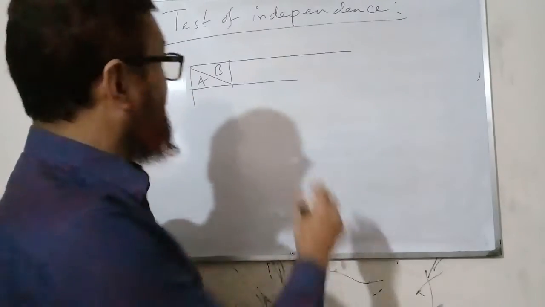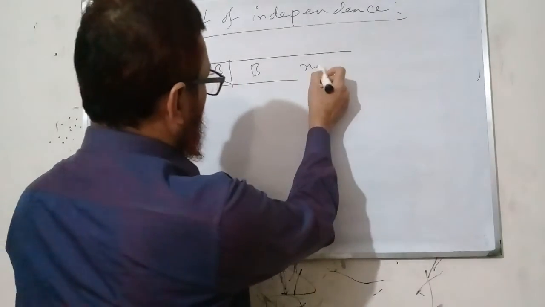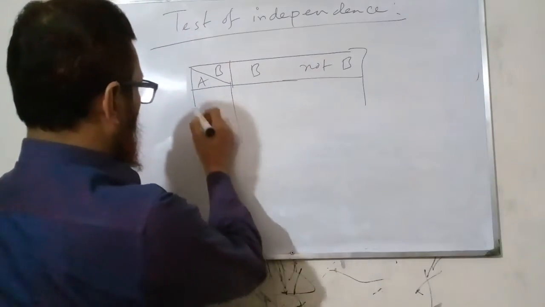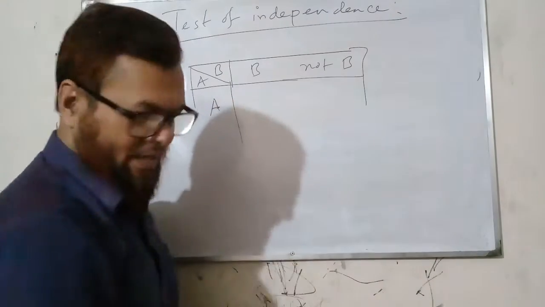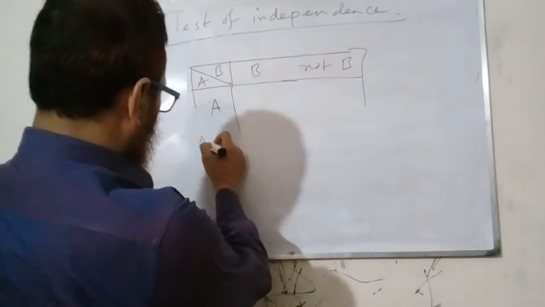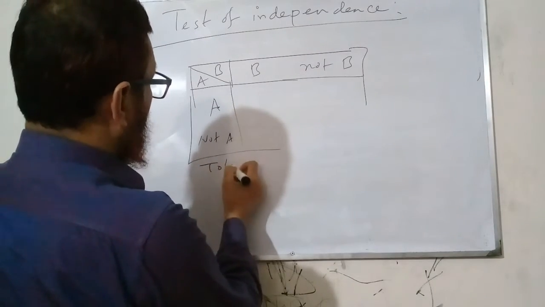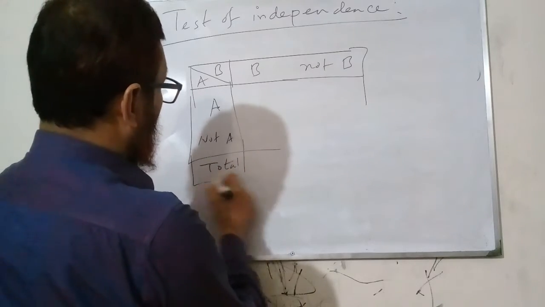A and B: it is B, not B, A, not A, total.